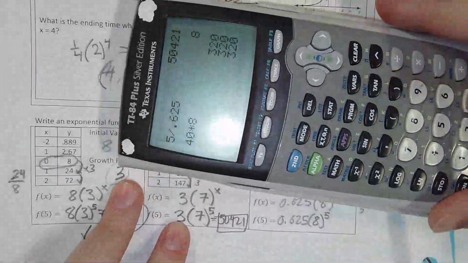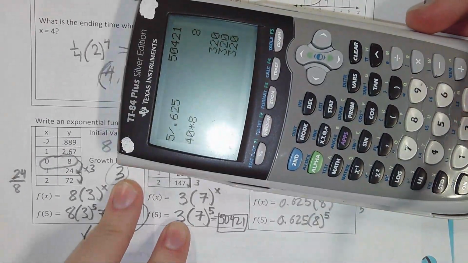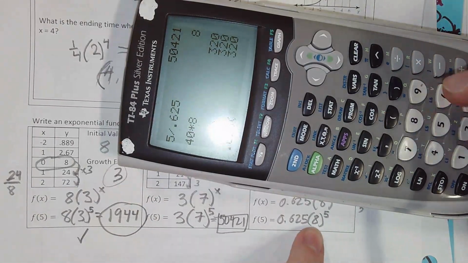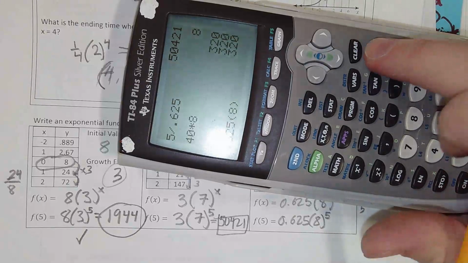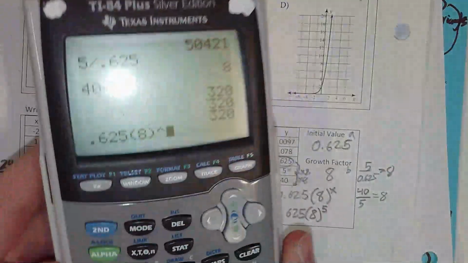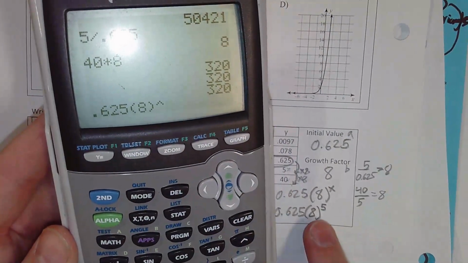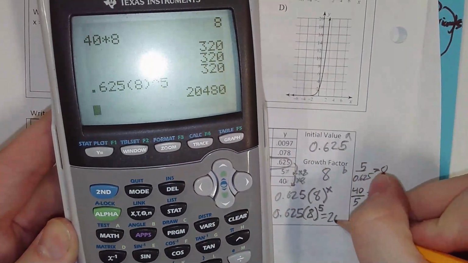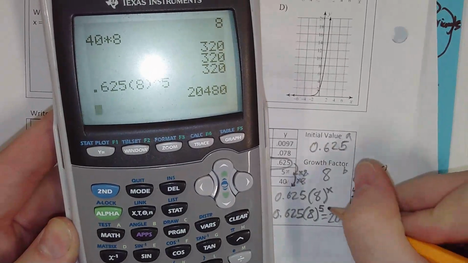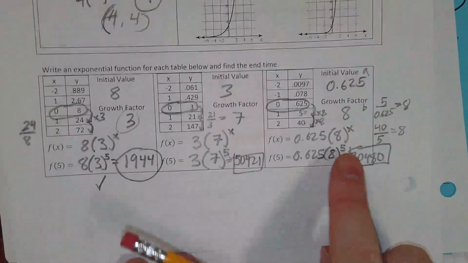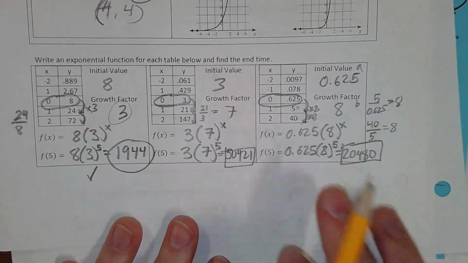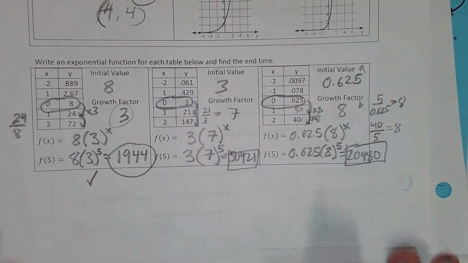Typing that. 0.625 times 8 to the power of, we want the fifth one, so fifth power. That's going to give us a value of 20,480. Why are these numbers so big? Because we keep multiplying by 8. If we keep going further and further and further, these numbers are going to get huge.